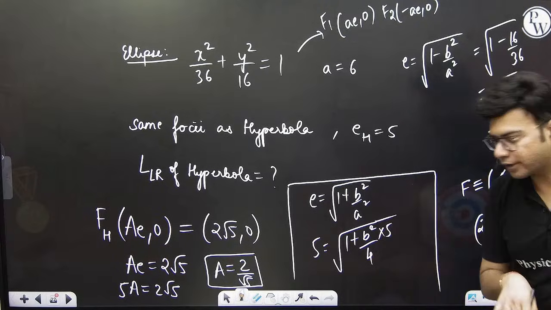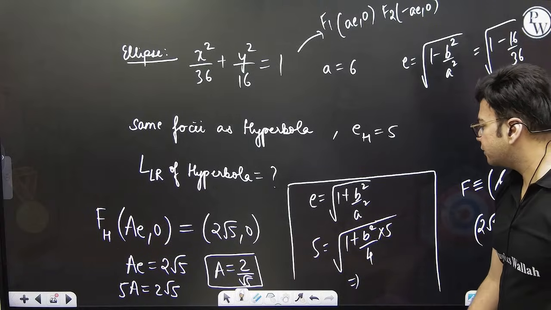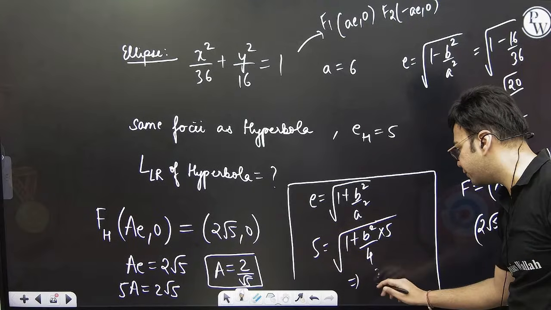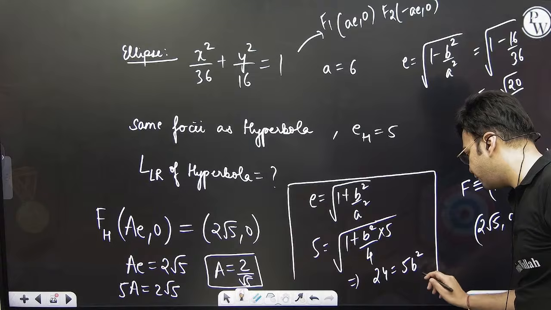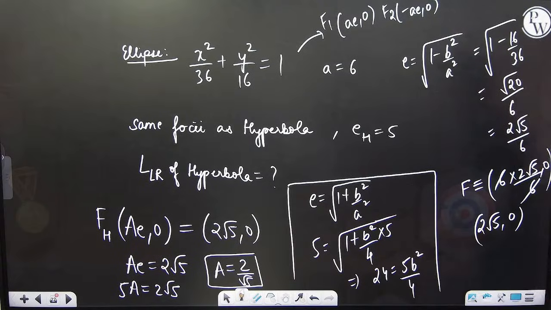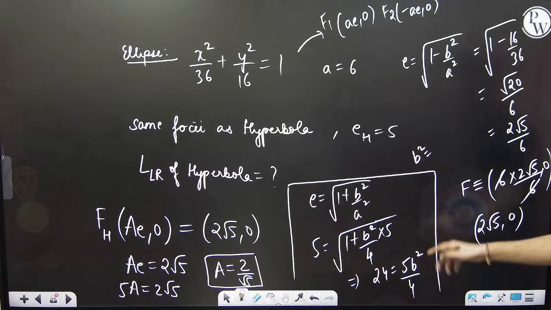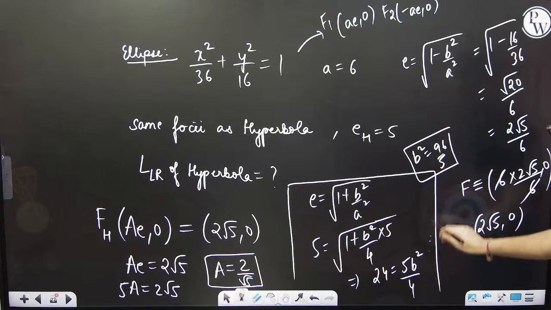So this is what I'm getting. So let's solve this. Squaring both sides, I'll get 25. 25 minus 1, 24 is equal to 5B square upon 4. So from here I'm getting the value of B square as 96 by 5. This is the value of B square.